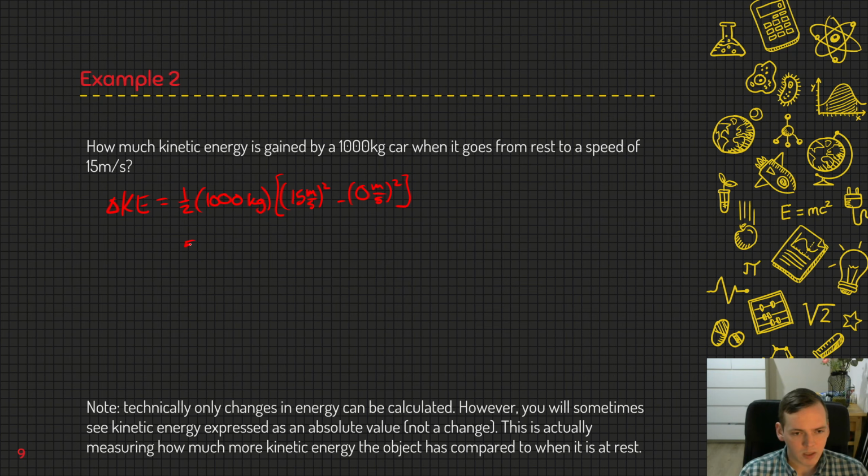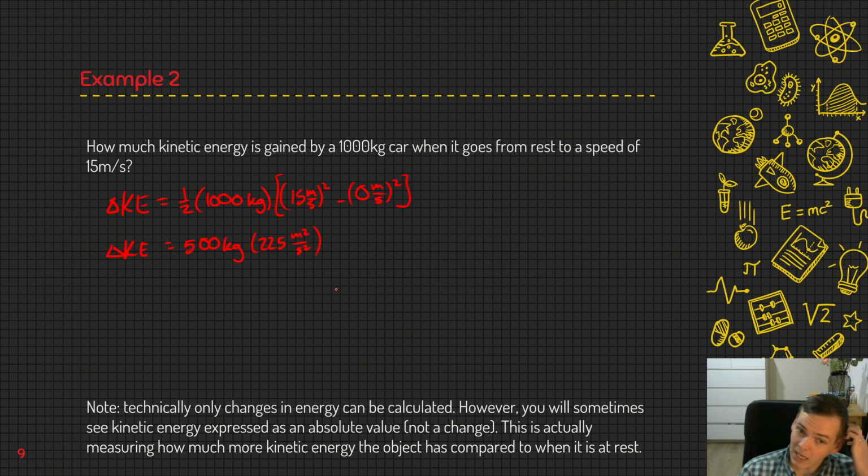So that'll be 500 kilograms times 225 meters squared per second squared. You can do that calculation out, plug it into a calculator, figure it out.